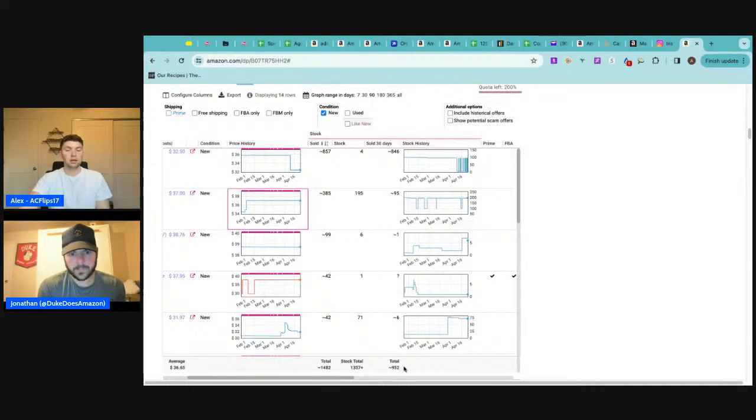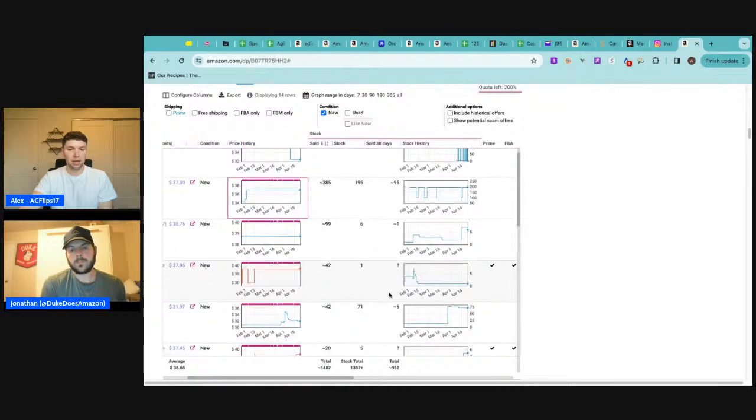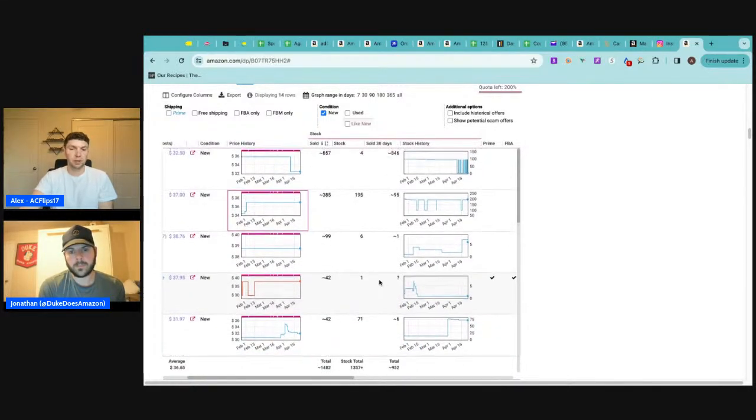Like you said on the sold, we just want to see numbers here. We want to see that it's not blank. We want to see stock history charts that aren't just flatlined. It helps us confirm: we know the sales rank, so is this data helping back up our opinion on that? Yeah, I don't really have anything to add to that. That's really all it is for me.